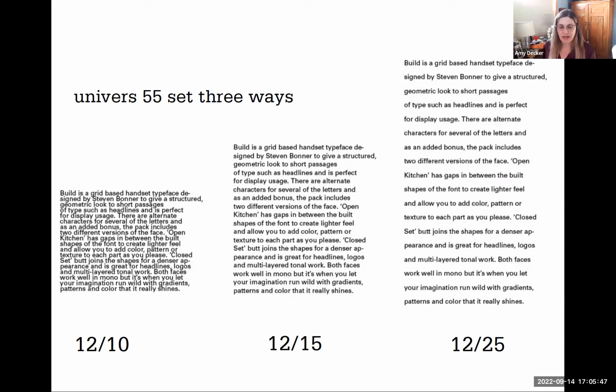No one chose 12/10. So now the debate is 12/15 or 12/25. So 12/15 is 3 points larger than the point size. 12/25 is almost double the point size, a little bit more than double. So think about it. When we're reading, think about your brain and what happens.